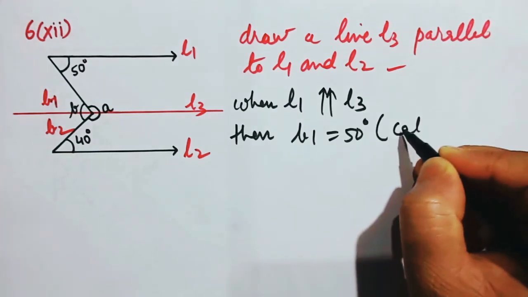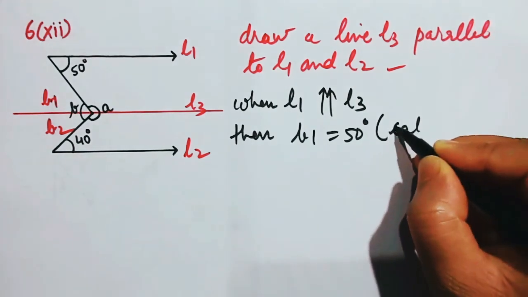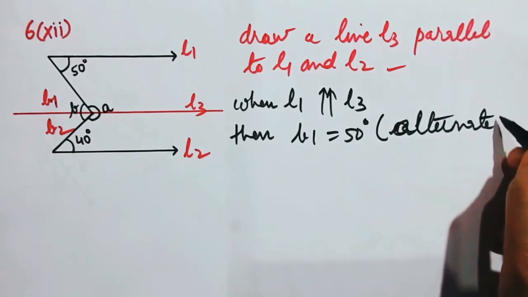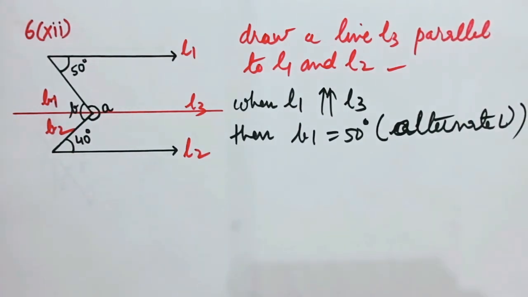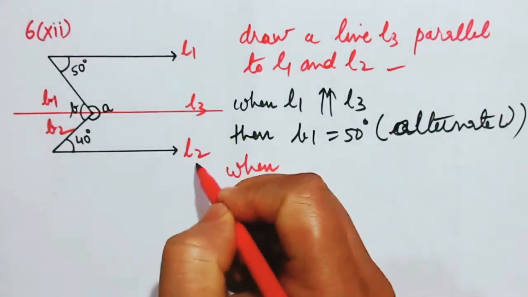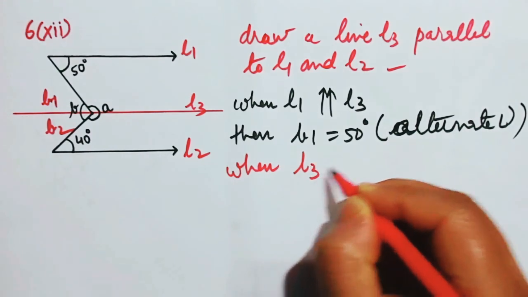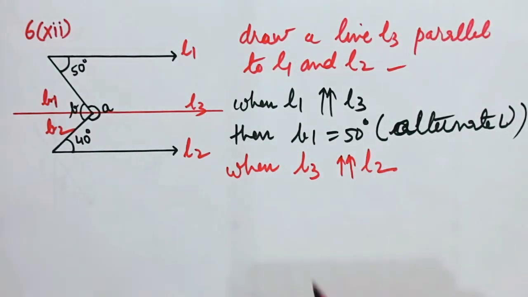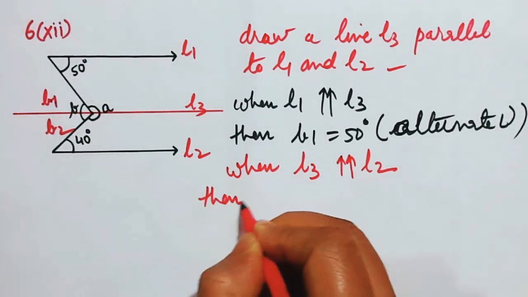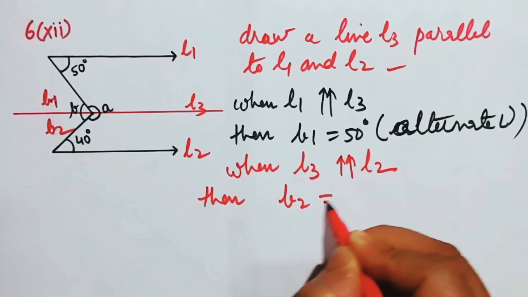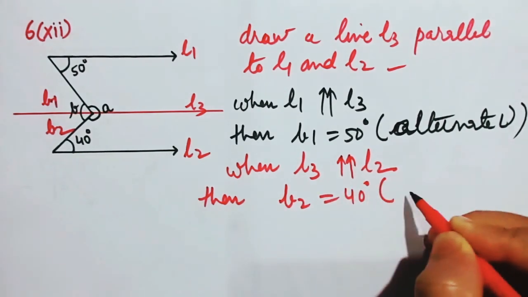Why? Because they are alternate angles. Very good. Now when L3 is parallel to L2, then B2 will be equal to 40 degree. Why?